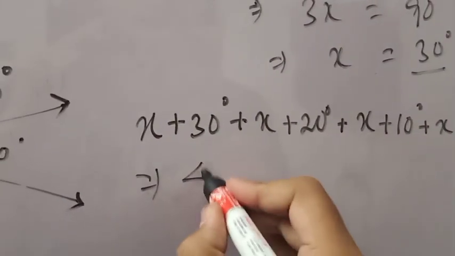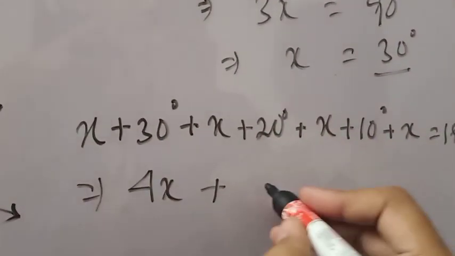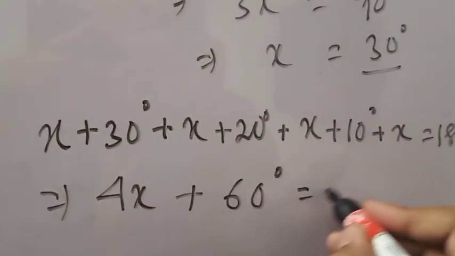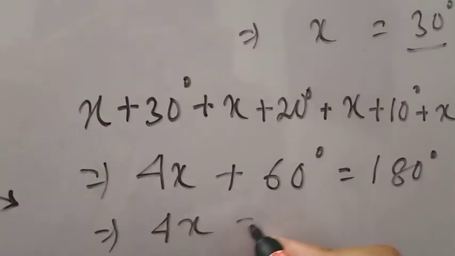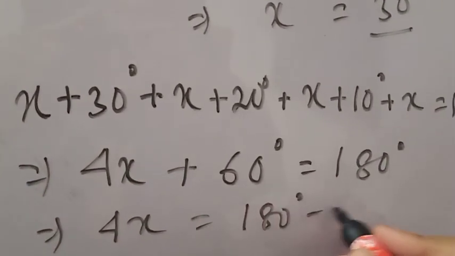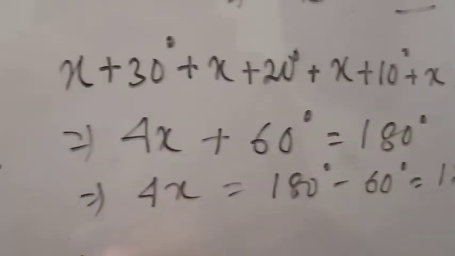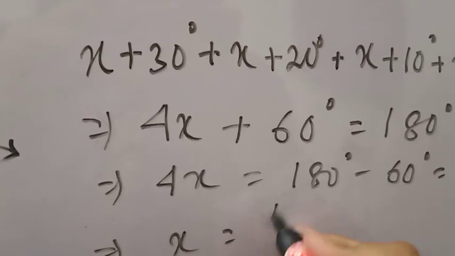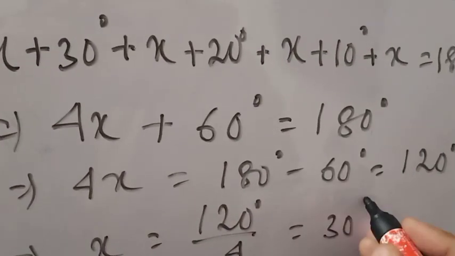So 4x plus 30 plus 20, 50, 50 plus 10, 60 equals to 180. So that means 4x equals to 180 minus 60, that is 120. So x equals to 120 by 4, that means 30 degree.